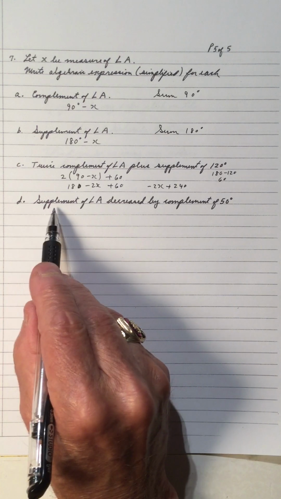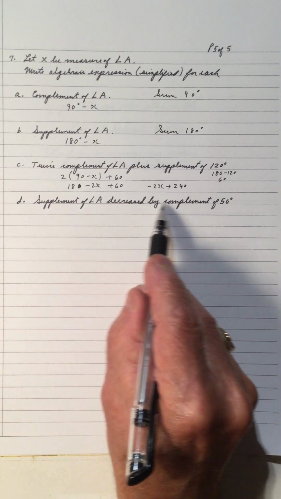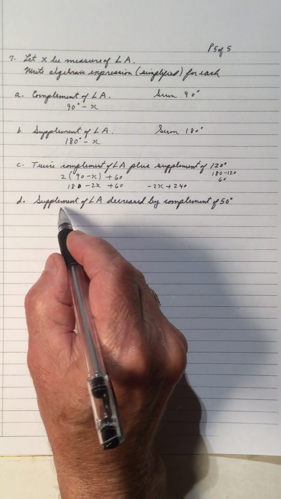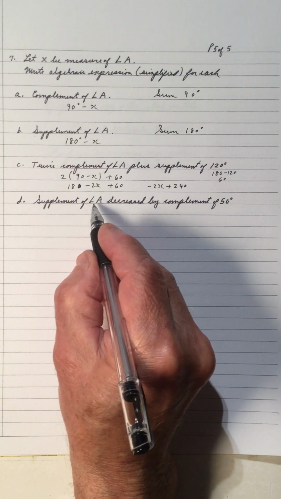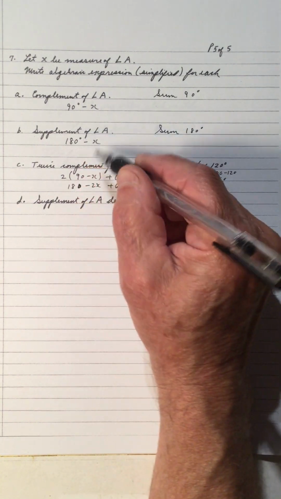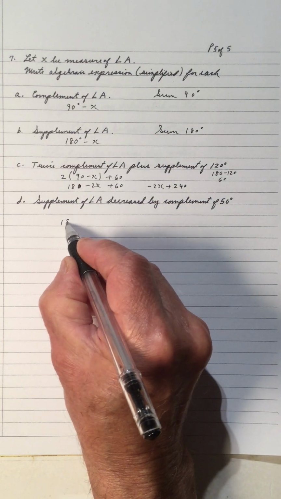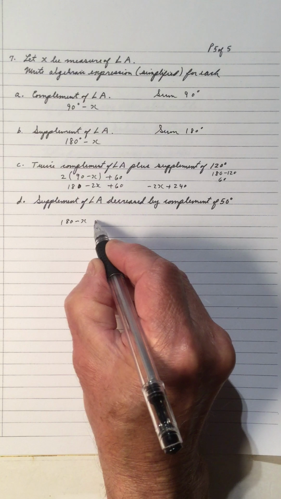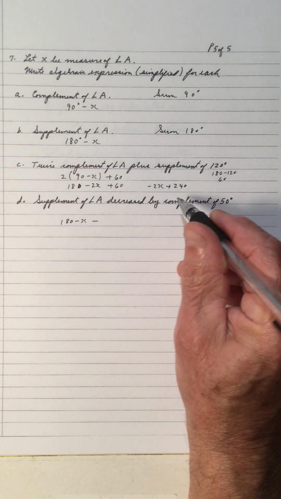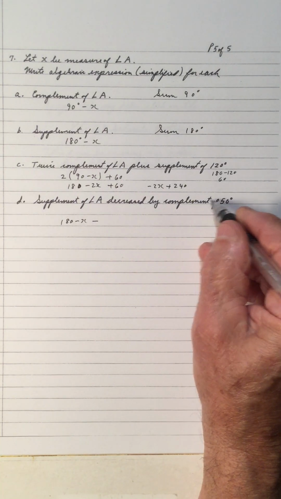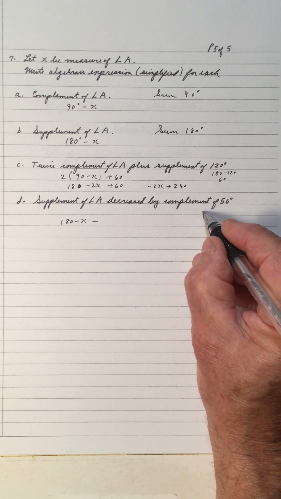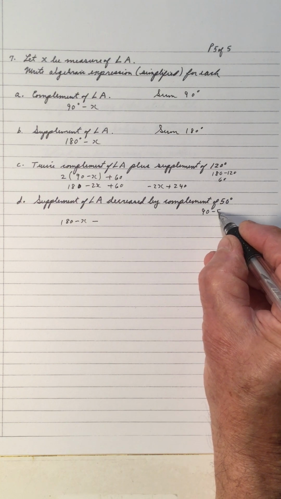Now, D, the supplement of A decreased by the complement of 50. The supplement of A. So A is x. So the supplement of A is 180 minus x decreased by the complement of 50. Complement is 90 minus 50.